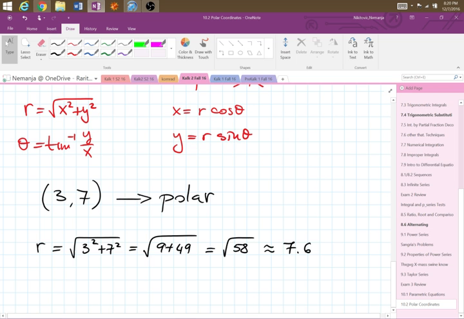If you don't have the calculator, guys, linear approximation from Calculus 1 would work. Same goes for tangent inverse. So we have theta is equal to tangent inverse of y over x, which means 7 over 3, which is 66.8. I have this on degrees and it's not allowing me to do it. There's something wrong with my calculator, I think.